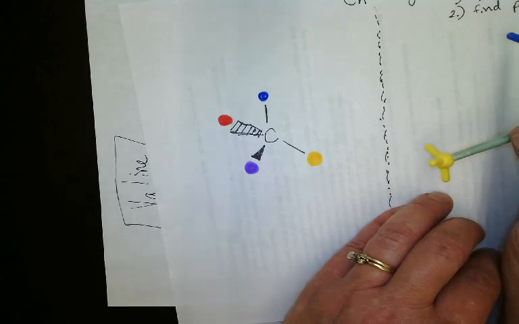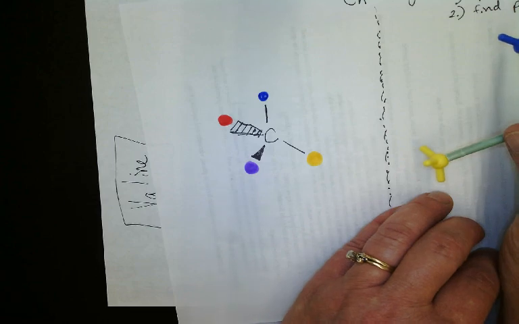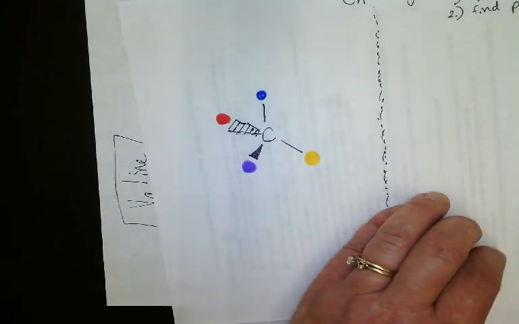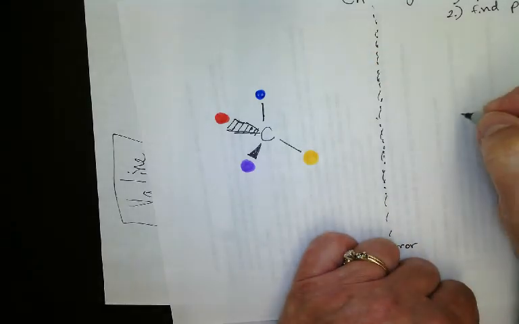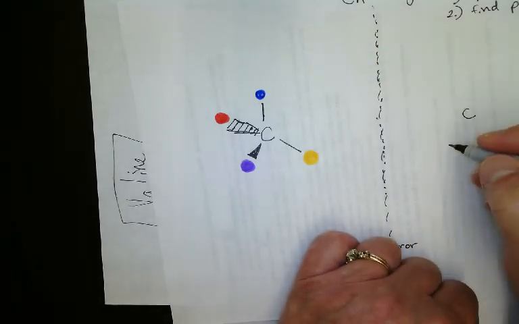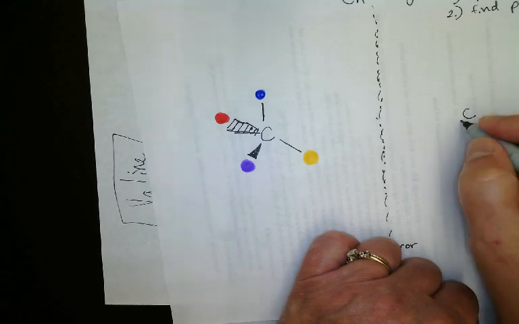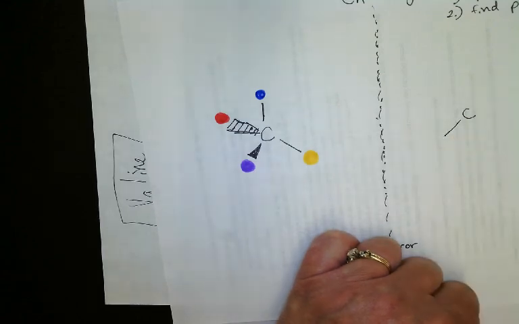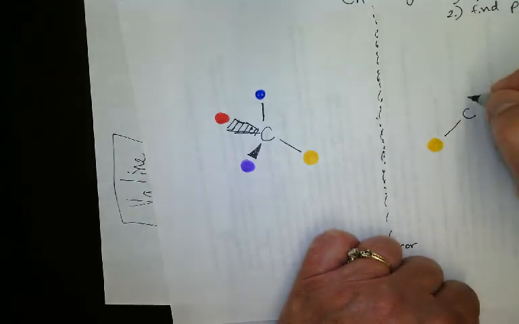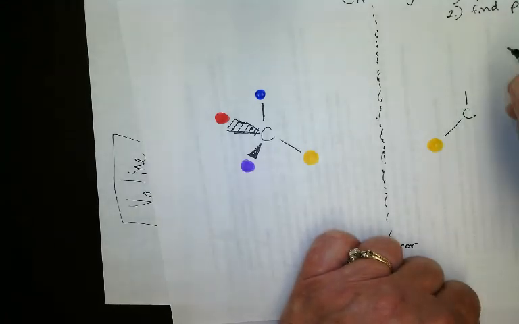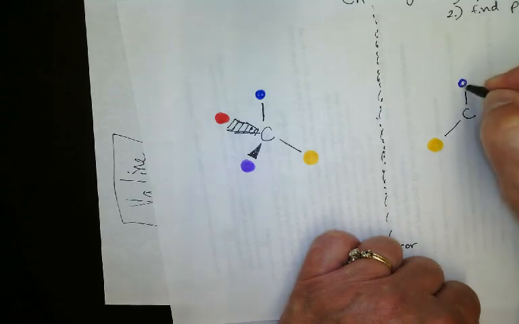What do you think? If you're confused, let's draw it. We're going to draw the things that are on the plane first around our chiral center. So here's my yellow, and here's my blue. Those are on the plane of the paper.